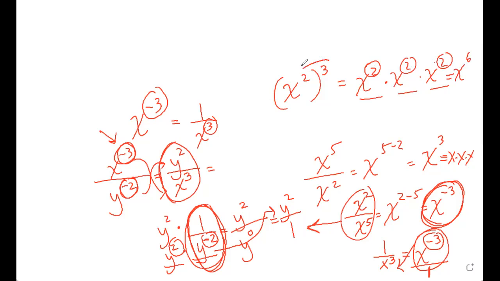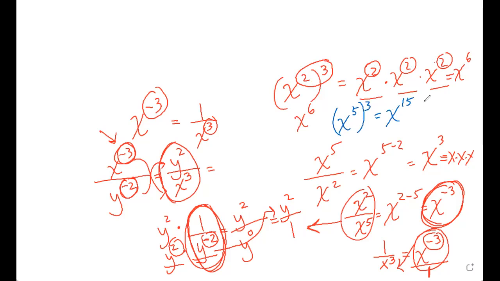So in essence, you're multiplying the exponent, x to the 6th power. Okay, if you have, let's say, x to the 5th, raised to the 3rd power, it's going to be x to the 15.